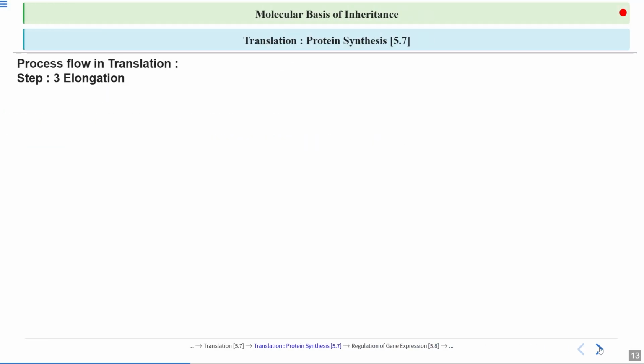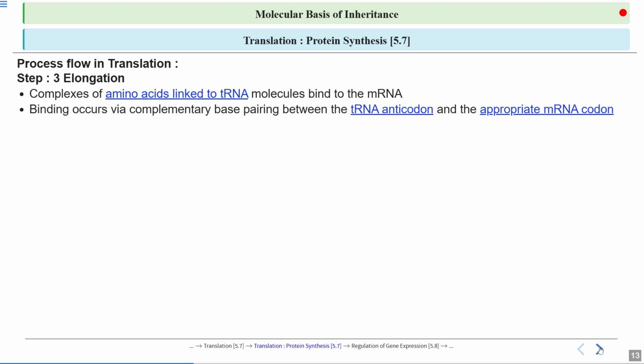After this initiation, there will be the process of elongation. Complexes of amino acid linked to tRNA molecules bind to the mRNA. We know that every amino acid has its specific tRNA, and now the tRNA will come and bind to the mRNA, and the formation of the amino acid chain will start.